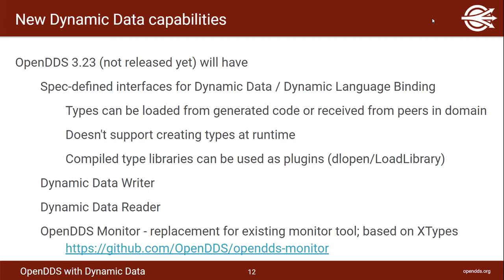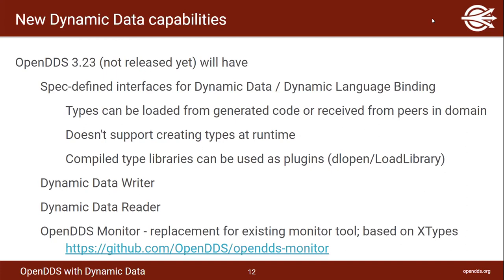So this is the same shared library that, if you were to generate a separate shared library, you could load those up. And without the application specifically knowing about it, it can use the dynamic data writer or data reader interfaces.